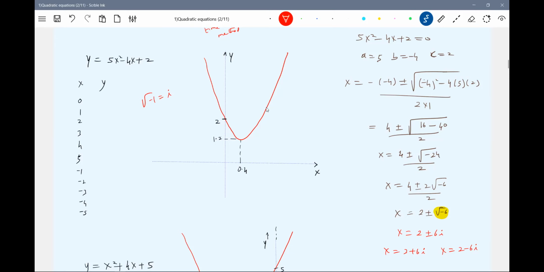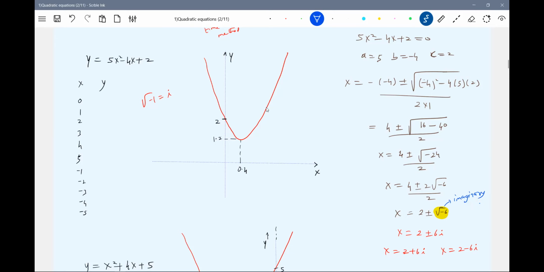So what does it mean? It will not intersect the x-axis. If you get root minus 6, this will become imaginary. So the roots are imaginary, we say.